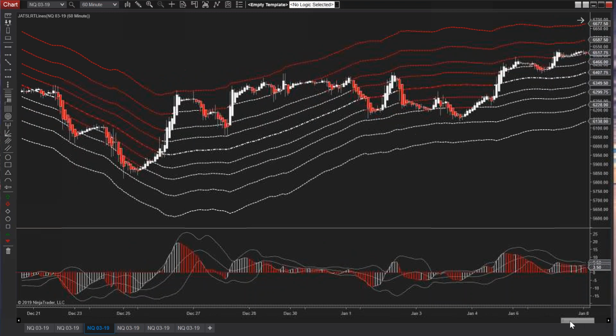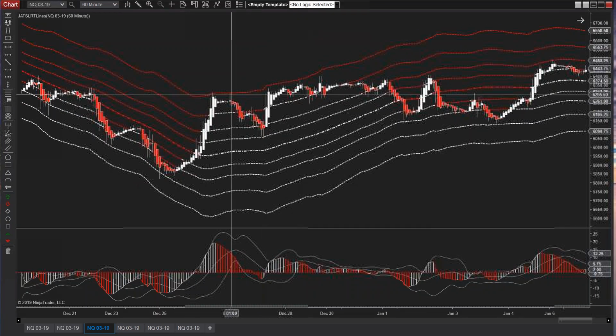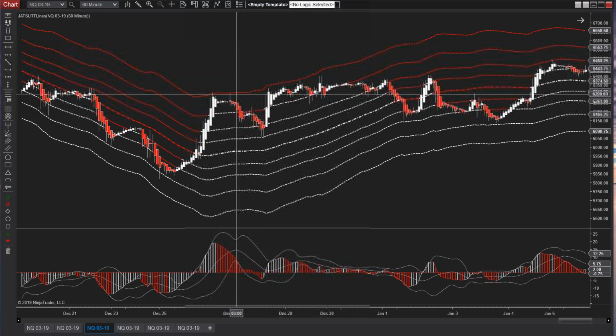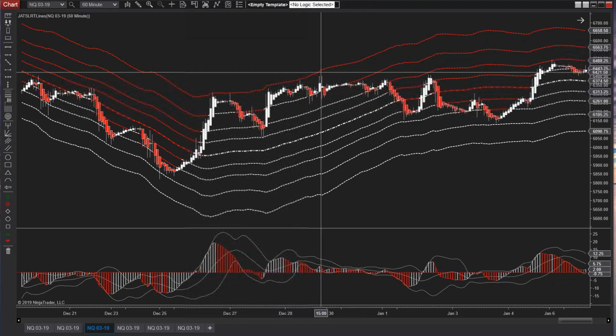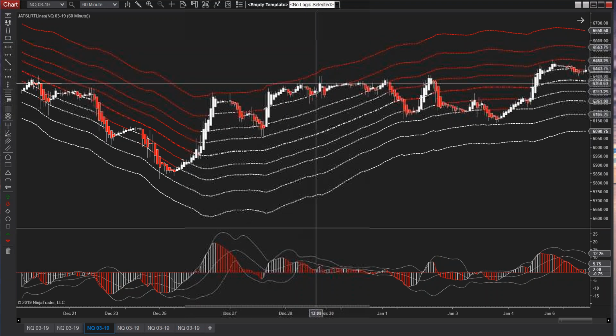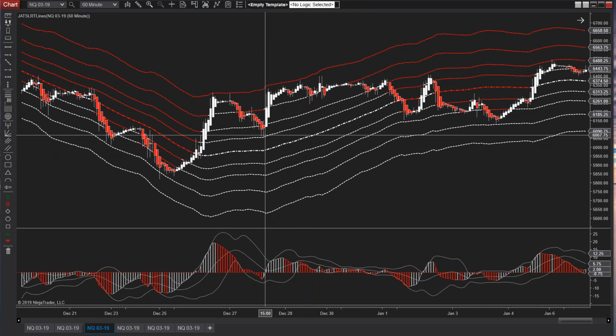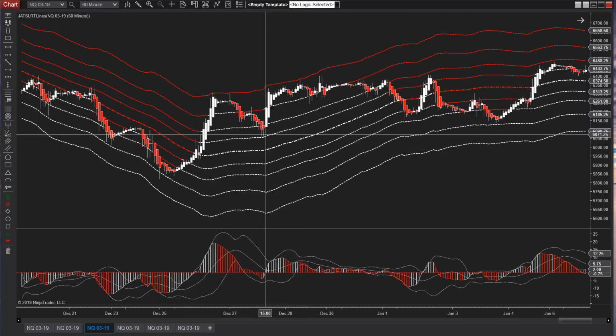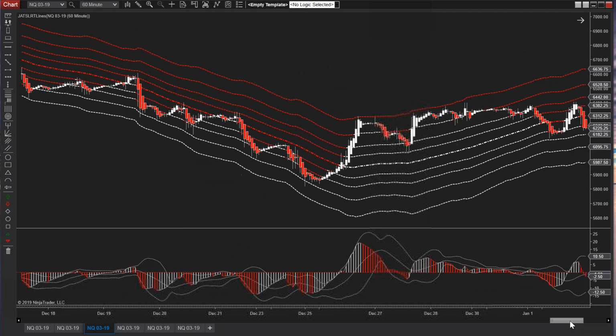But when you understand the concept of these levels and how far an algo will go to these volatility lines before reacting, that gives you a tremendous edge in the market.